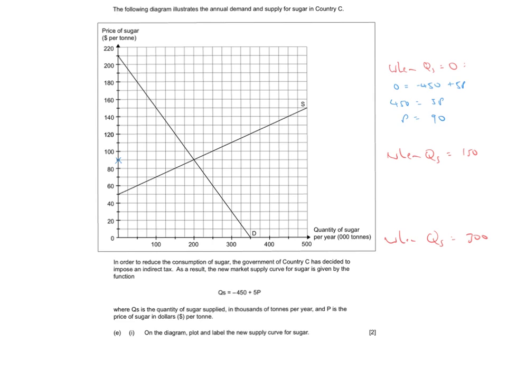Then we'll just take another point. For example, when QS, quantity supplied, equals 150, then 150 equals minus 450 plus 5p, so 600 equals 5p, p equals 120, and we can plot that onto our axes as well.